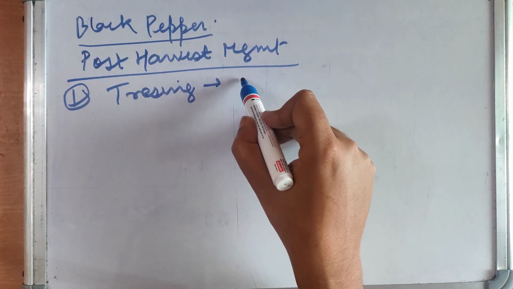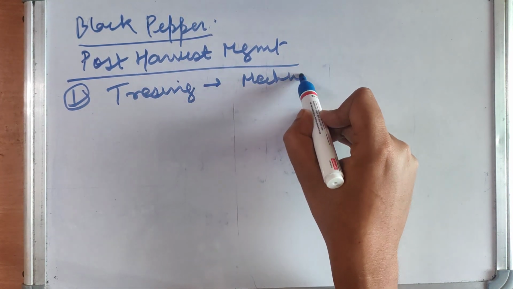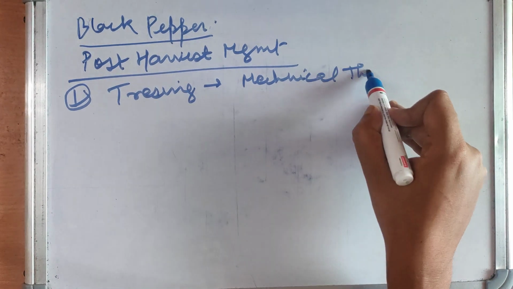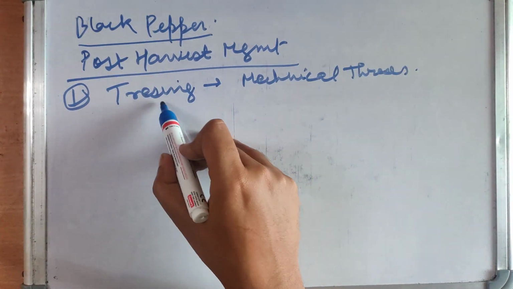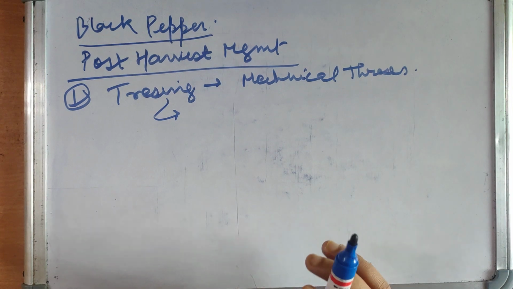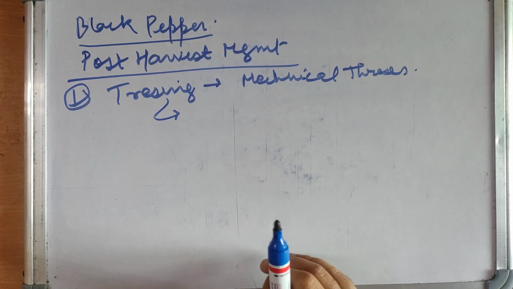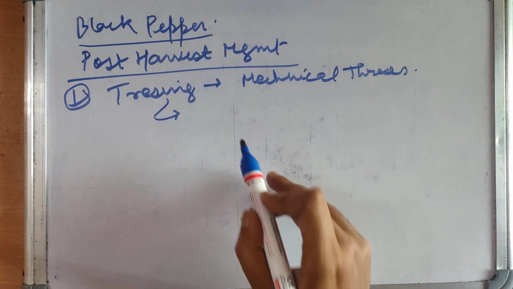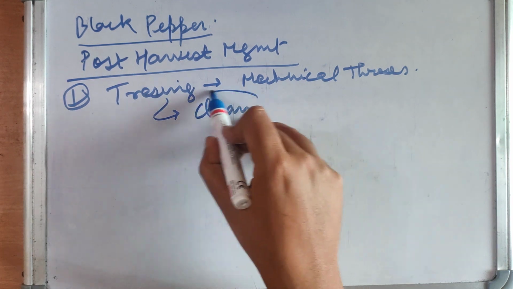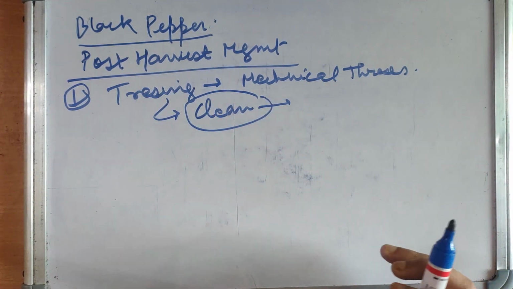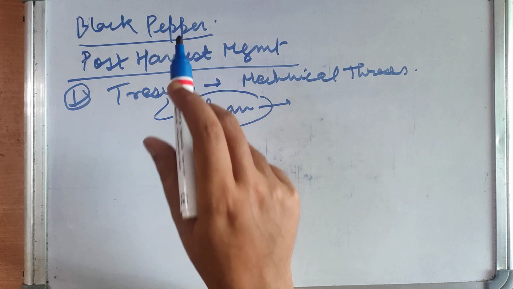It is done by using mechanical threshers. Here it is important to keep threshers clean so that soil particles and other extraneous substances do not mix with the black pepper.